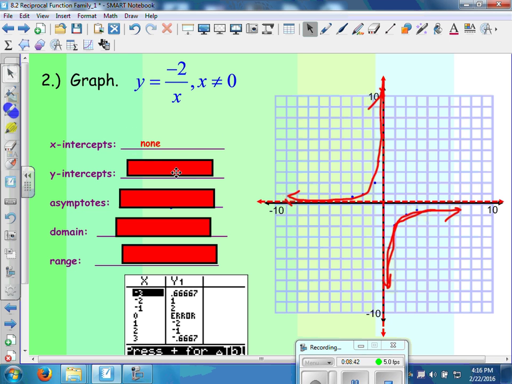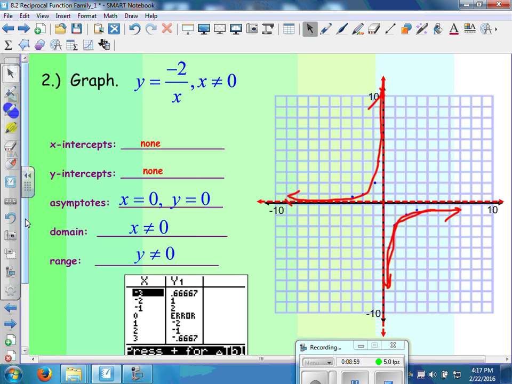X-intercepts, there are none as it doesn't cross the x-axis. Additionally, there's no place where this crosses the y-axis. Same asymptotes as before. Undefined at x and y equals 0 means the asymptotes are at x equals 0 and y equals 0. Your domain and range don't change. They're also all real numbers excluding x equals 0 and y equals 0.